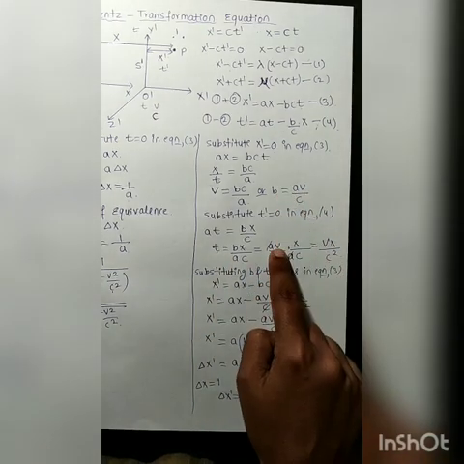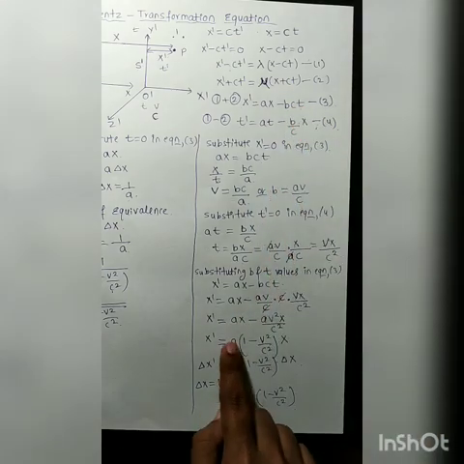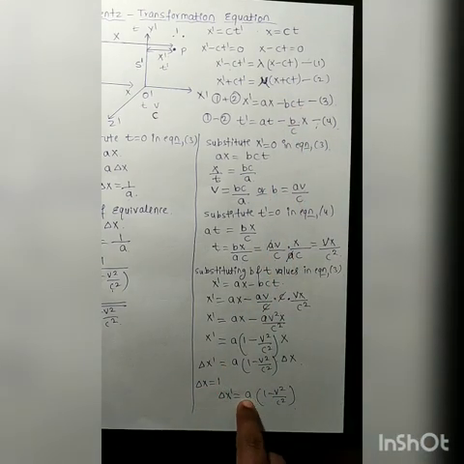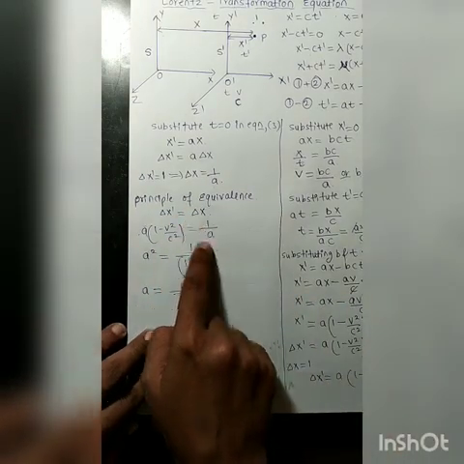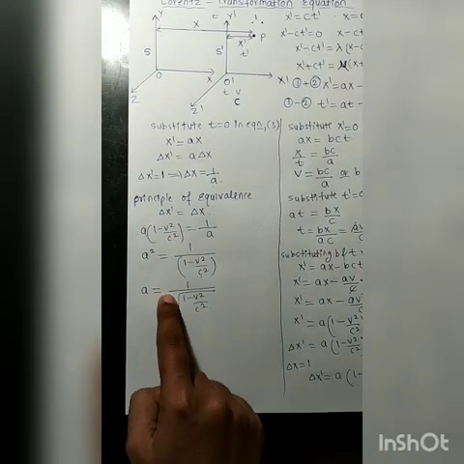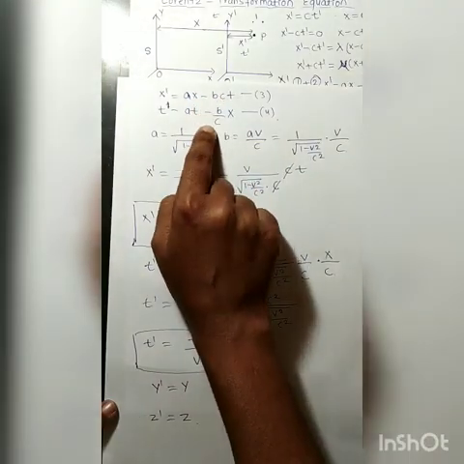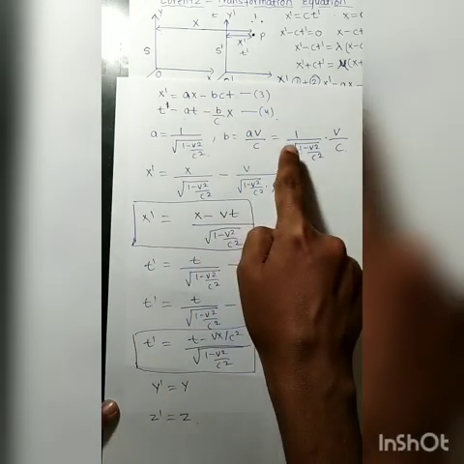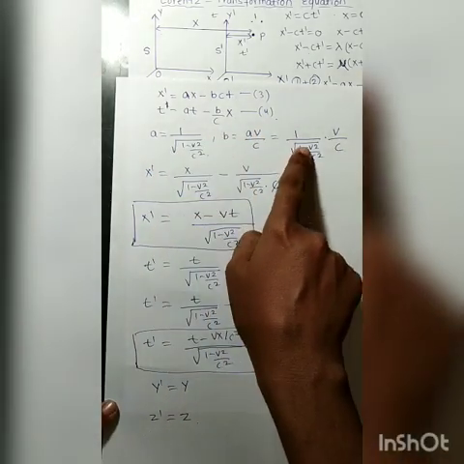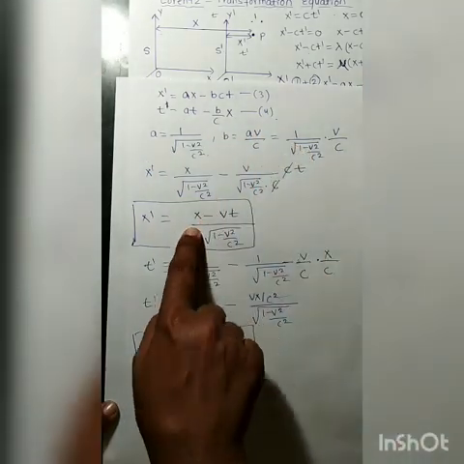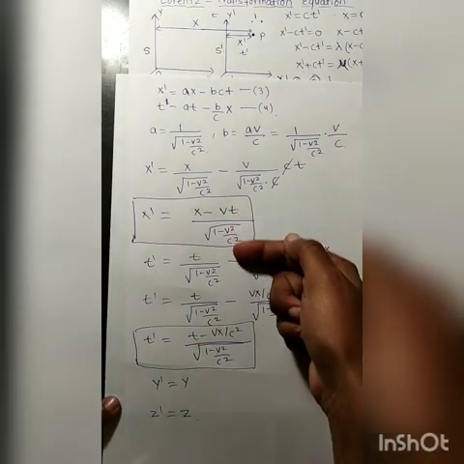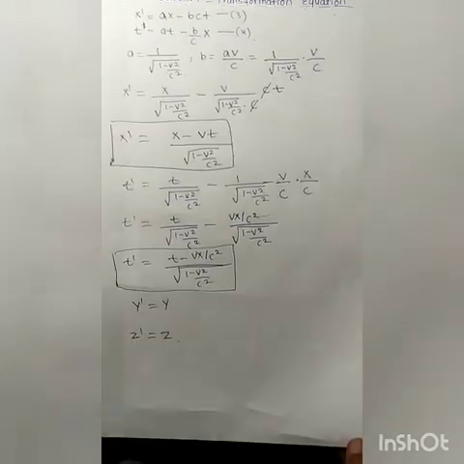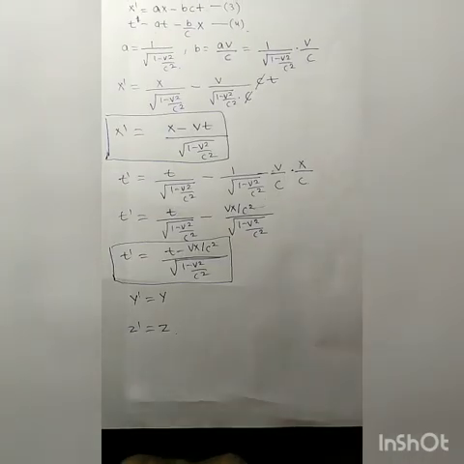From these two equations, substituting again in equation 3, we get the delta x dash value. On the principle of equivalence, both should be equal, and so we get the a value. After getting the a value, substitute the a value as well as the b value in equations 3 and 4. When we substitute, we get the x dash value, t dash value, y dash value and z dash value. These four are nothing but the Lorentz transformation equations.